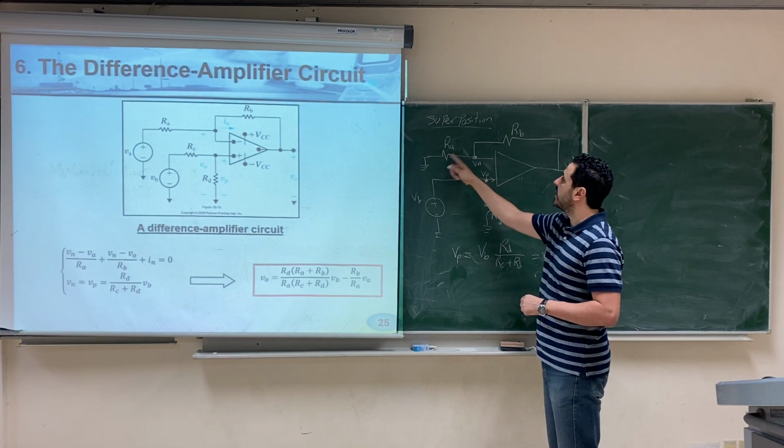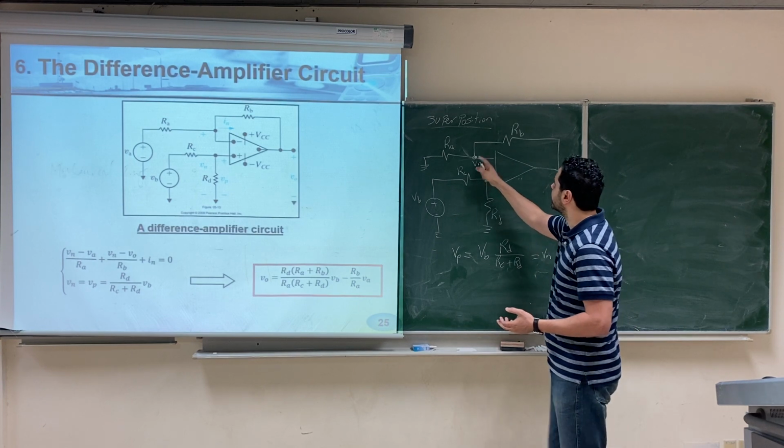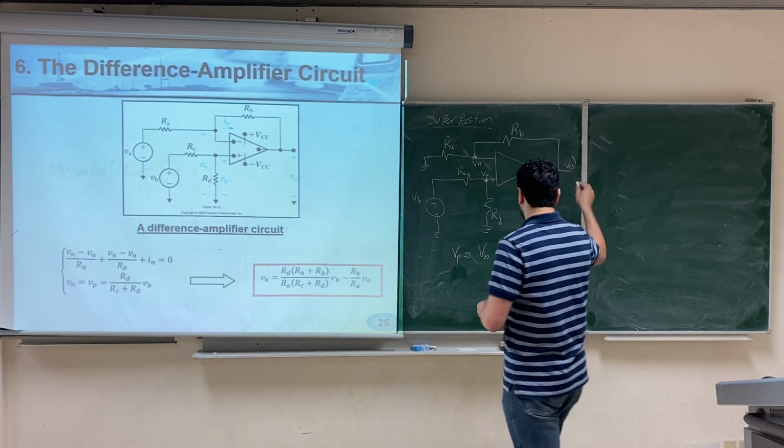And then Vn will be amplified using the same rule of the non-inverting amplifier. It will be multiplied by RB plus RA over RA to get the V output dash.